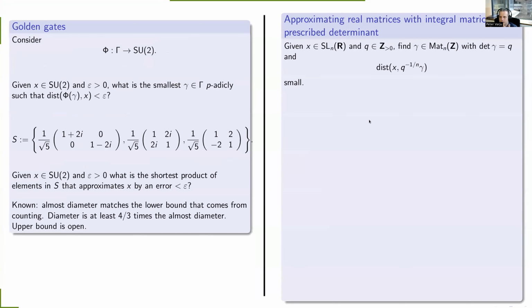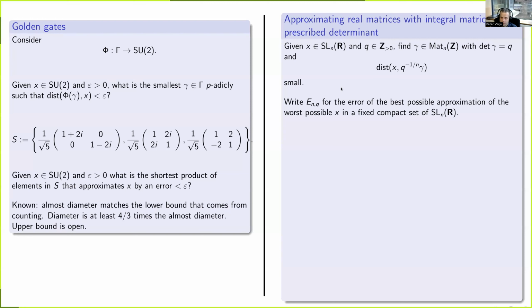And then maybe let me just very briefly mention a fourth setting where you specify a matrix in SL_N R, and you specify an integer q, and you want to find an n by n integer matrix which has determinant q, such that when you normalize the matrix by dividing it by q to the 1 over n, to get a matrix with determinant 1, it will approximate the prescribed x with good precision.